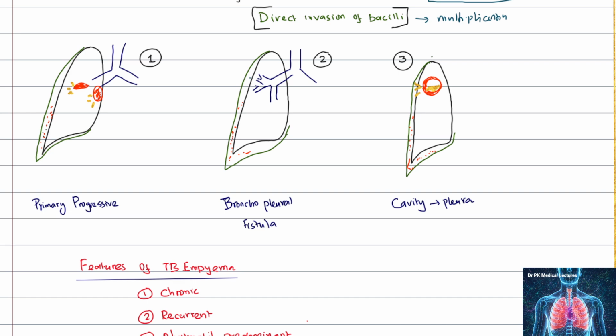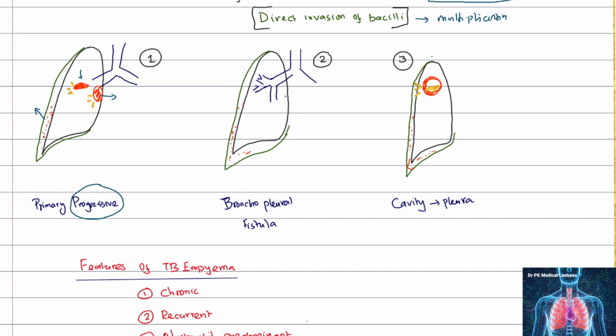There are a few conditions which can introduce this tubercle bacilli into the pleural cavity. In cases of primary progressive pulmonary tuberculosis, rupture of either this lymph node or rupture of this Ghon focus releases bacilli into the pleural cavity. So there is a direct invasion of the bacilli.